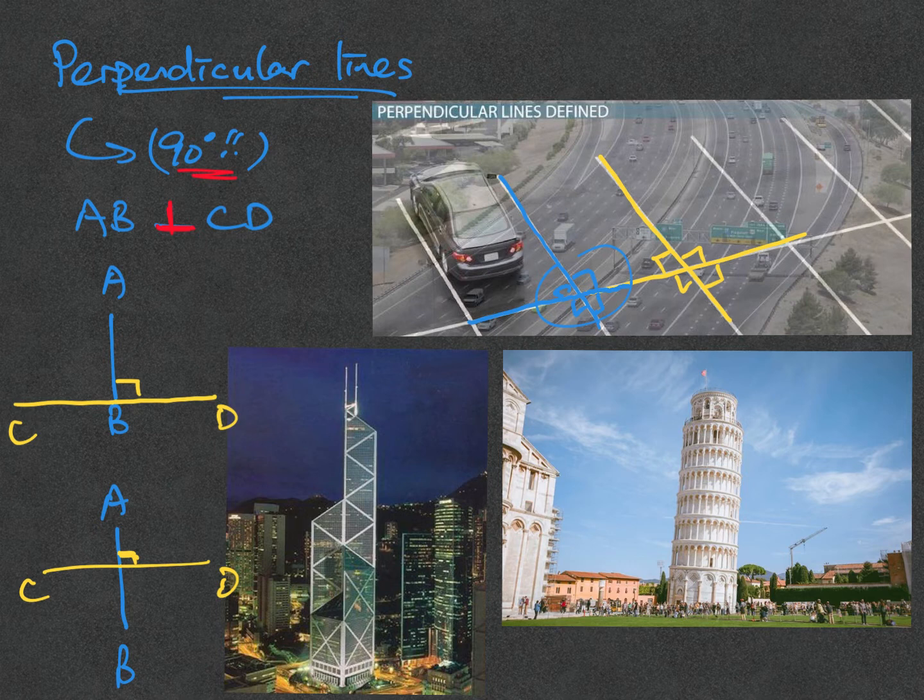90 degrees will be very important in architecture because a building should be perpendicular to the ground, right? The left one is a very famous building in Hong Kong. This is a very beautiful building made up of lots of triangles, yet it is vertically perpendicular to the ground.